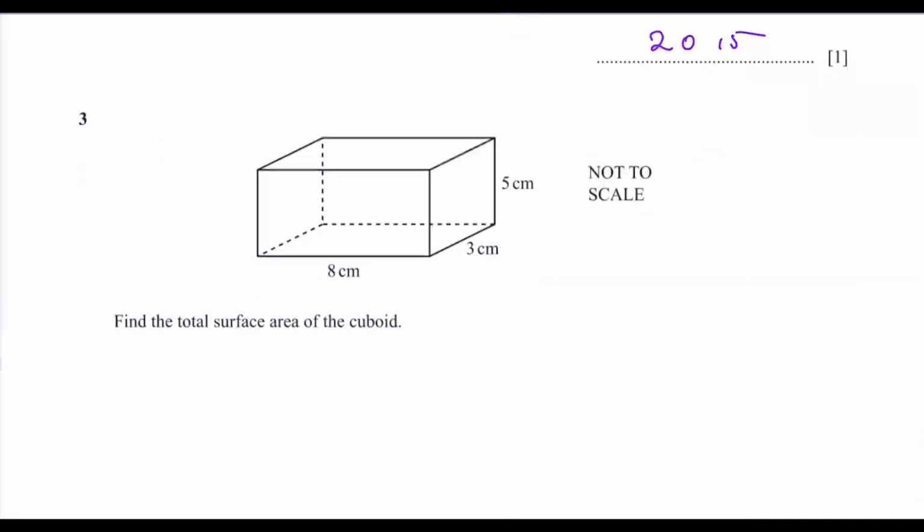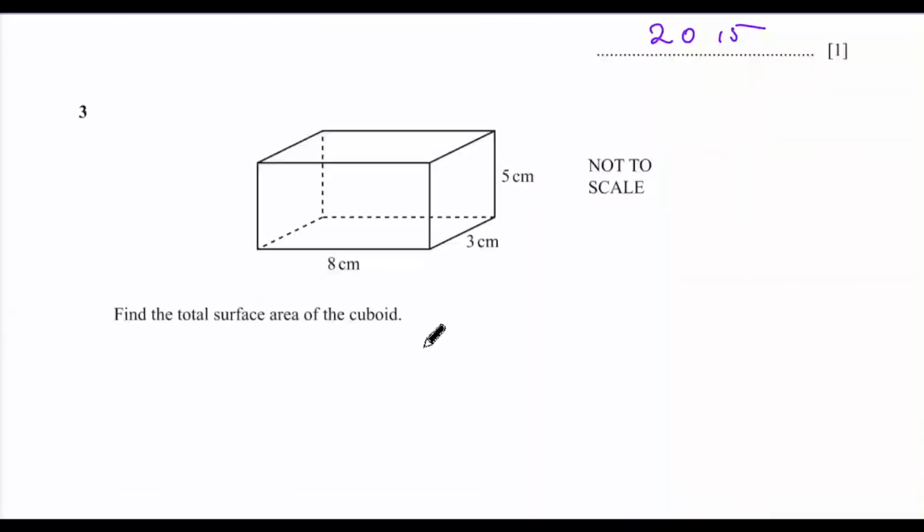That's question 3. Find the total surface area of the cuboid. The total surface area of a cuboid will be the addition of 2 into bracket of 2 sides. To make it easy, you can say the length is equals to 8 centimeters, the breadth is equals to 3 centimeters, and the height is equals to 5 centimeters.